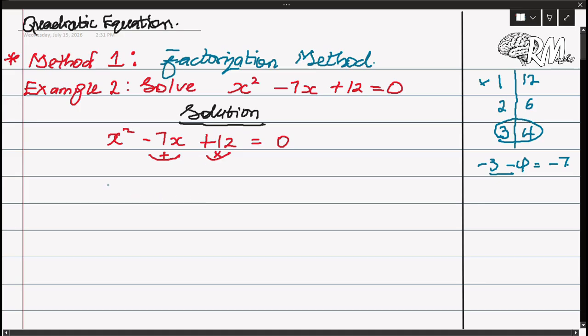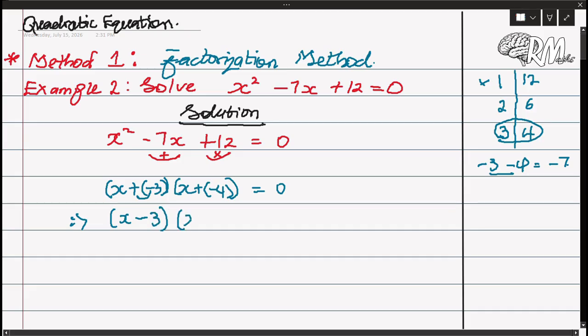Then the next step is to open brackets, equals 0, then put my x plus and x plus. Then I put in my two numbers. The first number here is minus 3, the second number here is minus 4. Therefore I have x plus times minus gives me minus, then I'll put the 3 down.